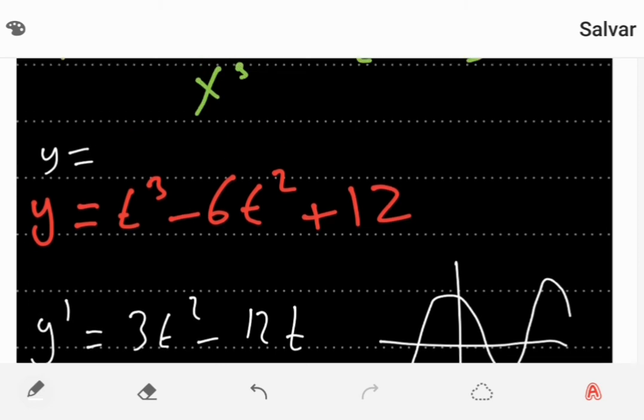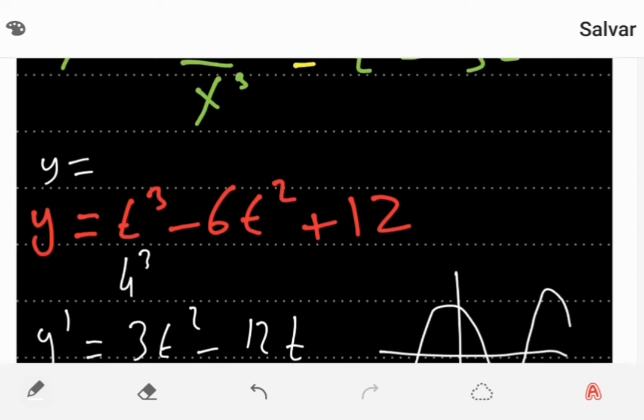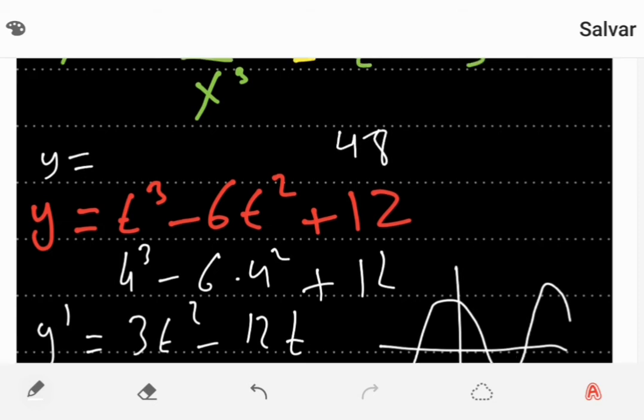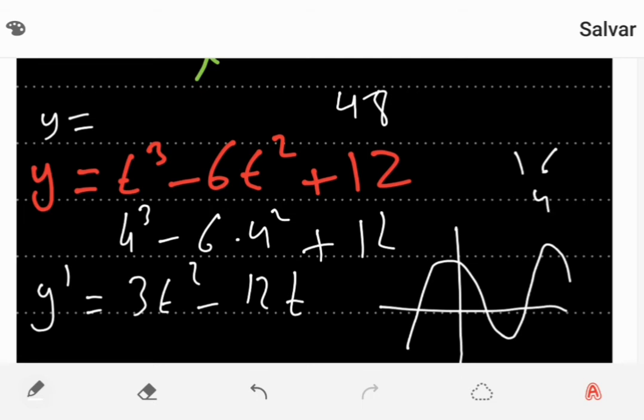What about 4? Well, 4 cubed minus 6 multiplied by 4 squared plus 12. How much is this? 4 cubed is 64, sorry, it did feel weird.